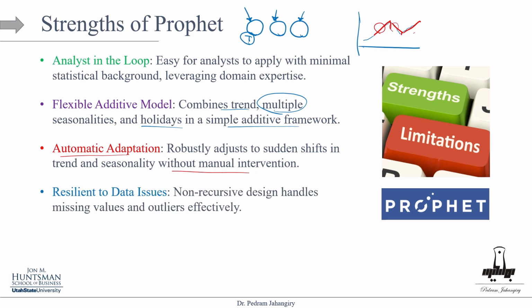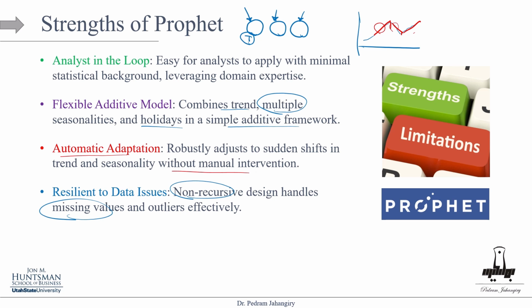And lastly, as we said last time, Facebook Prophet is resilient to data issues, specifically missing values, right? Because there is no lag component in the Facebook Prophet model. So this is both good and bad. You're going to see this non-recursive structure in the limitations as well.